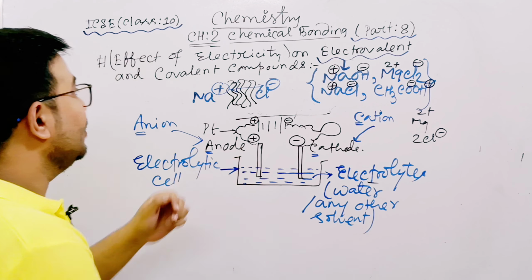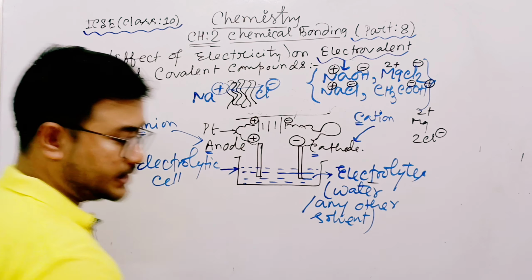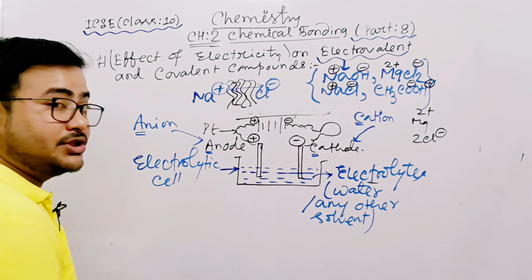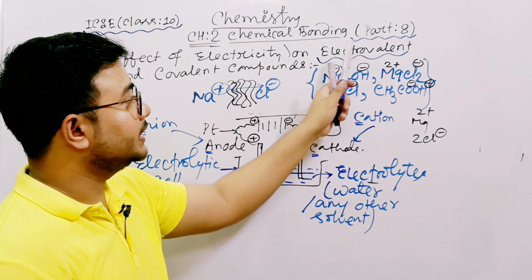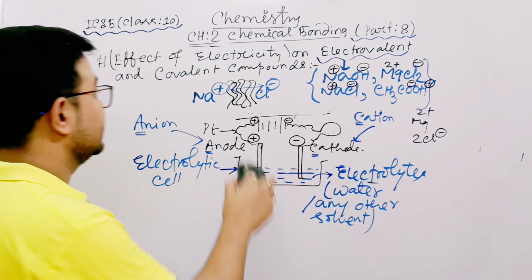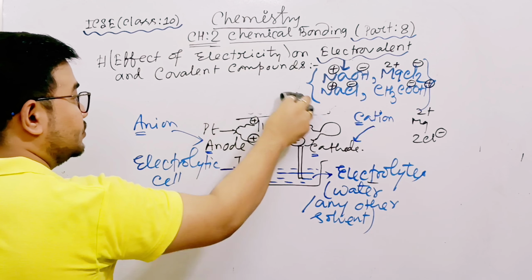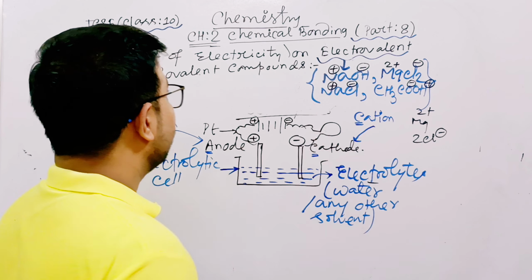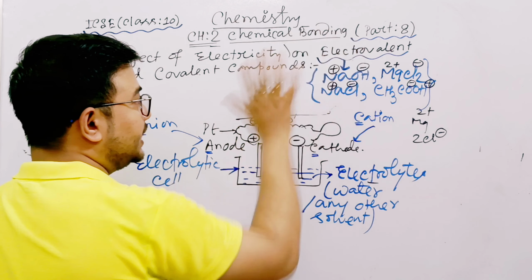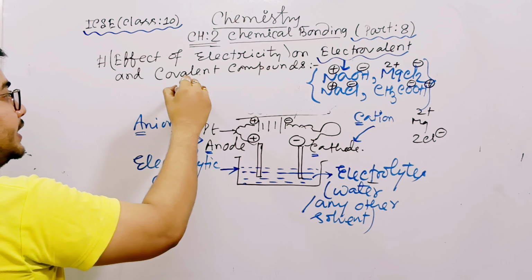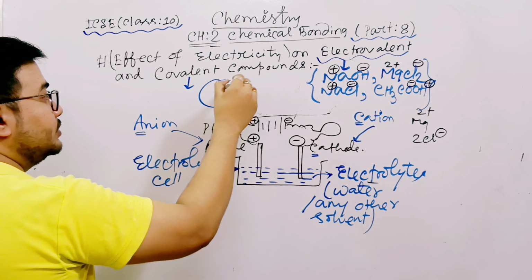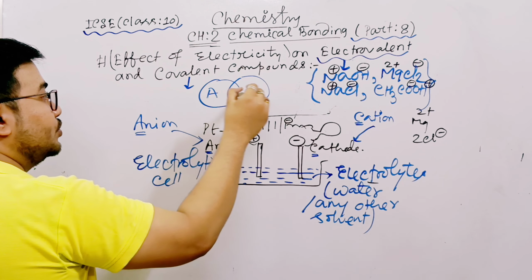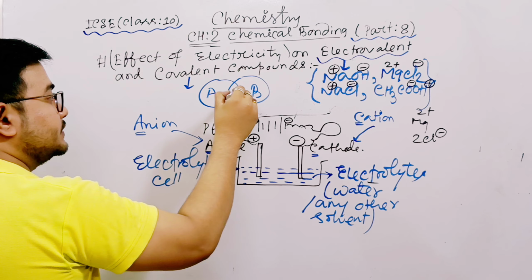Done. Now our next compound is covalent compound. So this question is also important. Electrovalent compound contains ions. Okay, this is also an MCQ previous year question. Electrovalent compounds are composed only of ions. Now what is covalent compound? In covalent compound, there is no ion, all of you know if you watched the previous video.